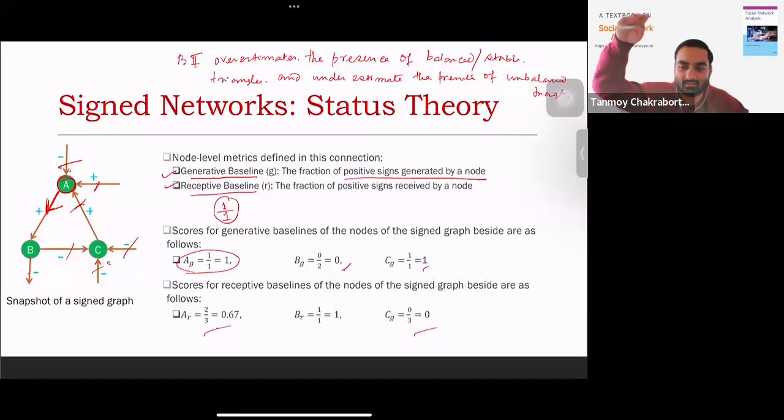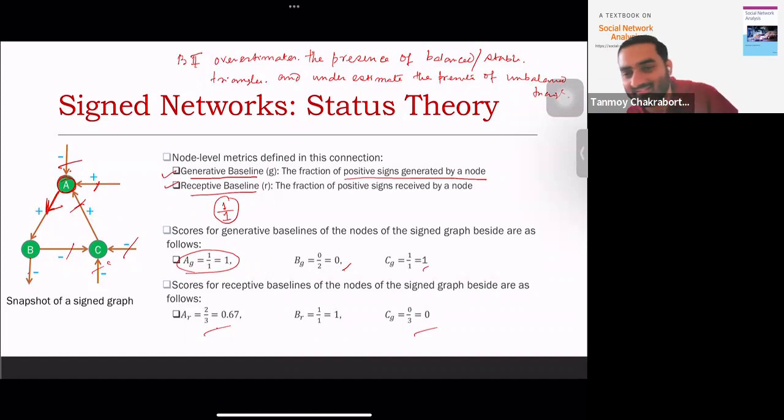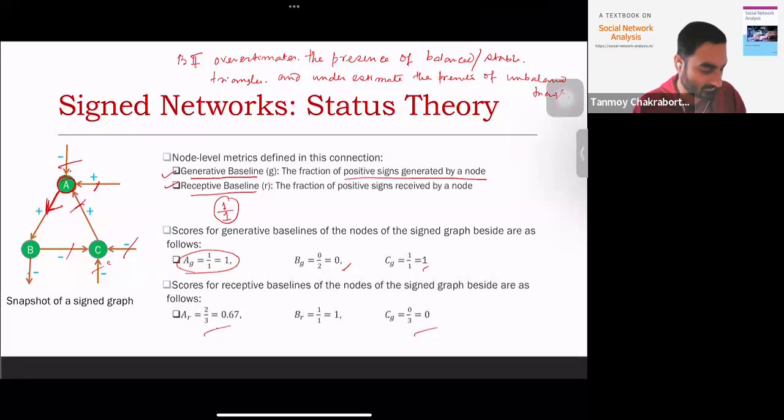Whereas if the receptive baseline is very high and the generative baseline is low, then it means that the other guys also think that he is superior, and he also thinks that he is superior. Okay, very interesting concept. If you read more and more papers in social science, you would get to know more about different experiments that were conducted to study this kind of network. But for this particular course, I think this is good enough.